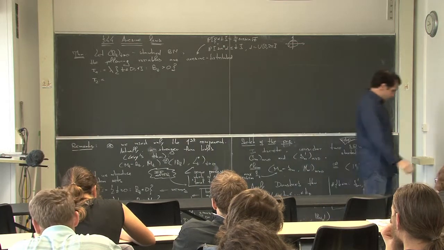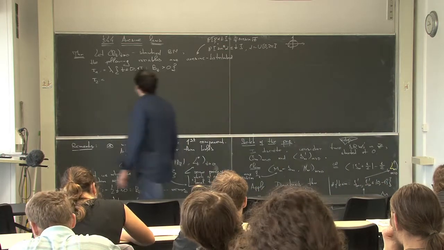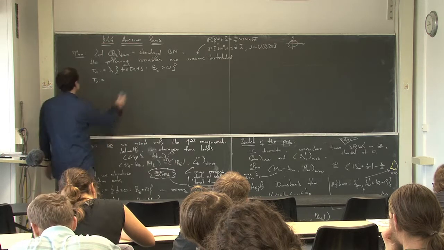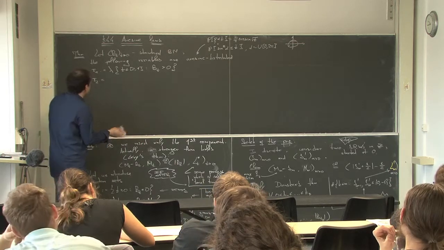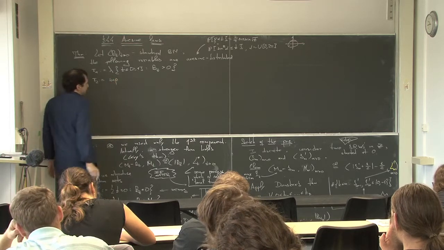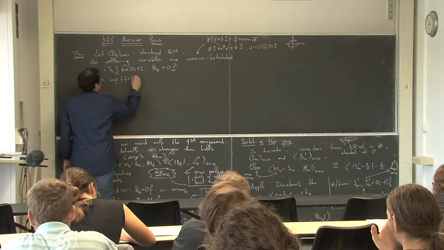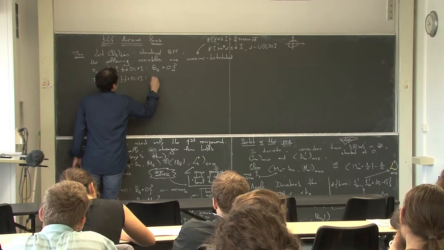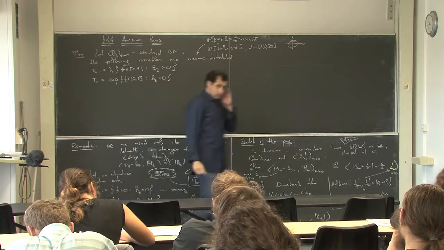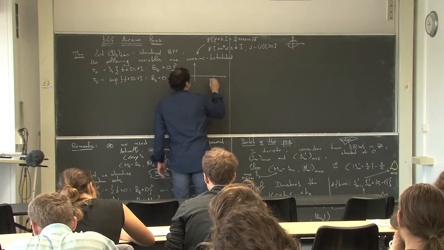The second is the time you had the last zero. So this is the supremum, or actually maximum, of all times such that Bt is 0. Okay, this is the last zero before 1.